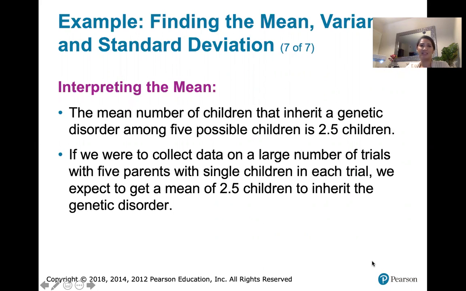If we were to collect data on a large number of trials with 5 parents with single children in each trial, meaning each parent would be associated with 1 child, then you would expect to get a mean of 2.5 children that inherit the genetic disorder if you were to calculate the mean over a large number of trials, infinitely many trials. So this is related to that law of large numbers that we talked about.